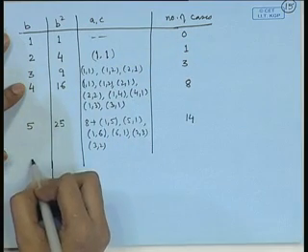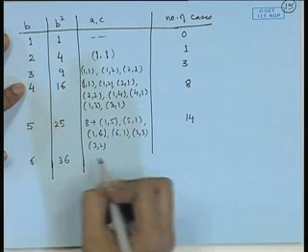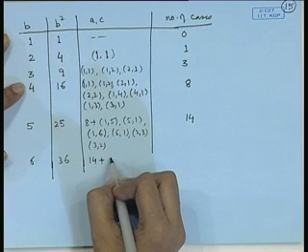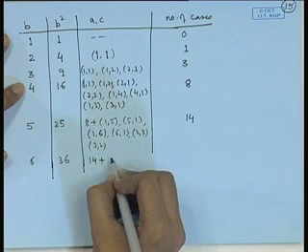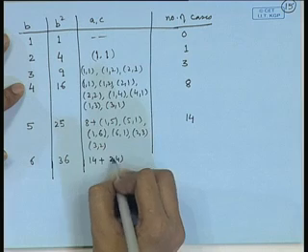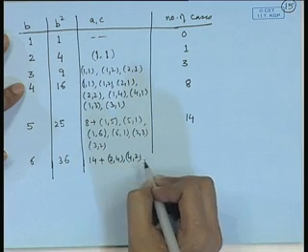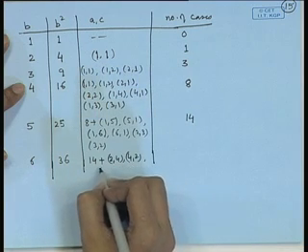If I have b equal to 6, then b square becomes 36, and all the 14 cases, plus we will also have 2 4, 4 2, then 2 5 is not possible, and 3 3.